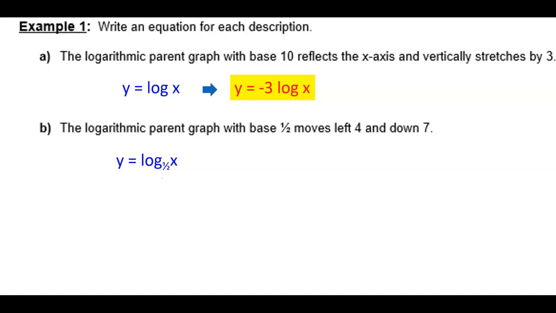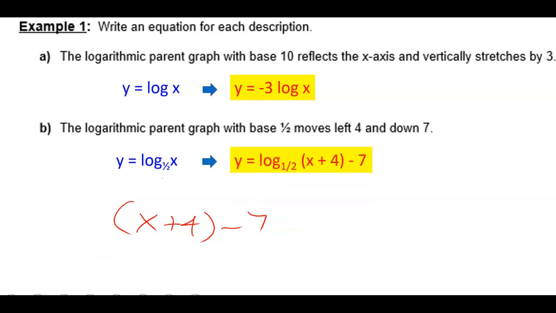Now, if I wanted to move left 4 and down 7, y'all remember, like we wrote down earlier, insiders lie horizontally. So I'm going to need to have a left, which is usually negative, but it's a lie. So I'm going to have a +4, and then after that, down 7 is going to be minus 7. It'll have to have something like this in it, right?